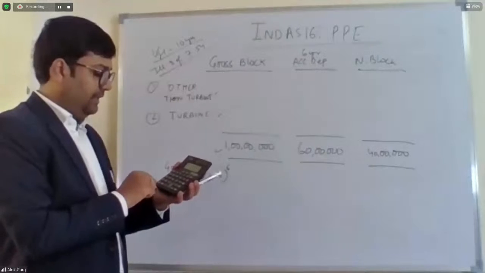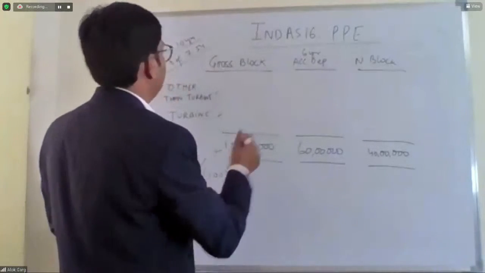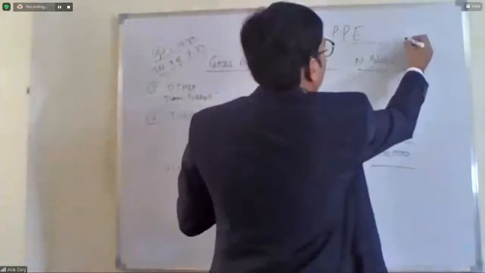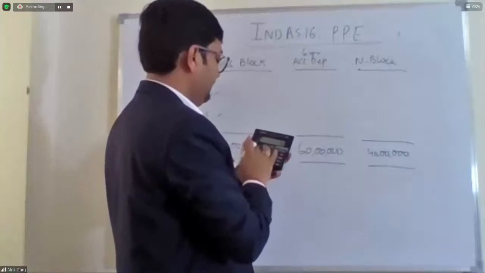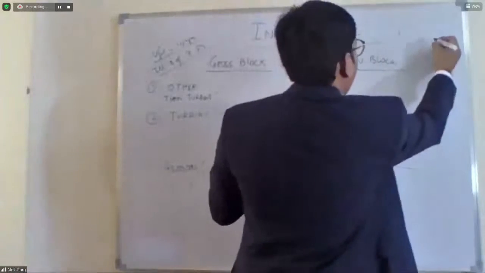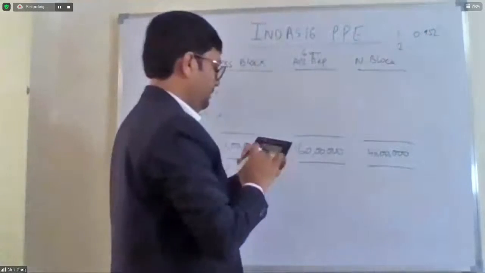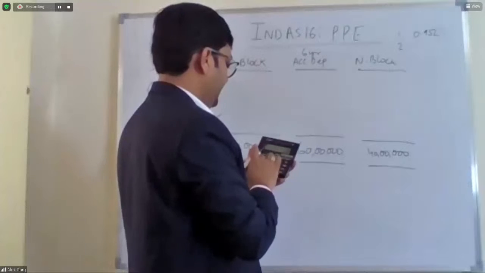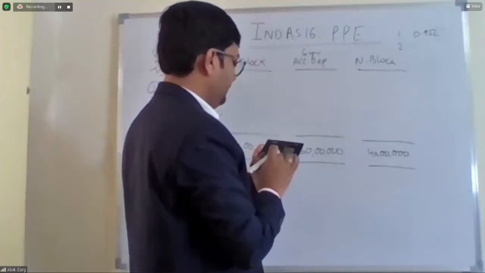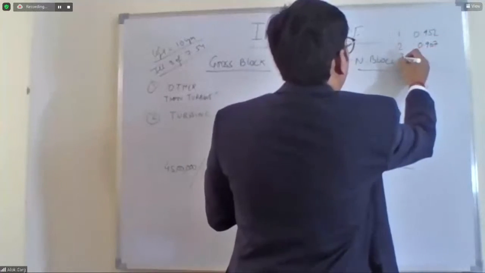So let me write here. First year, second year, third year, fourth year. First year, what is the PV? 1 divided by 1.05 is 0.952. Second year, 0.952 divided by 1.05 is 0.907.